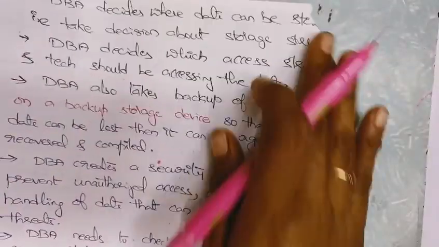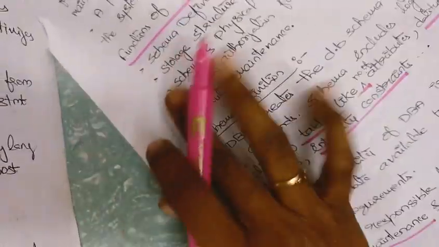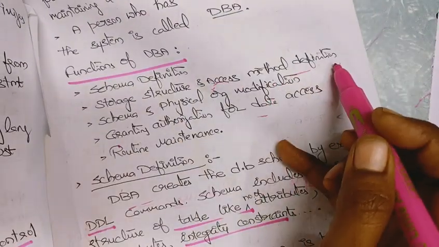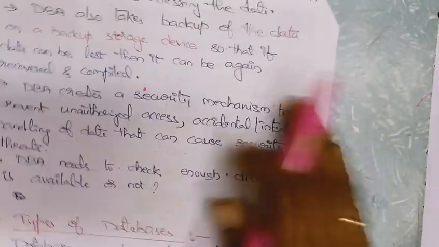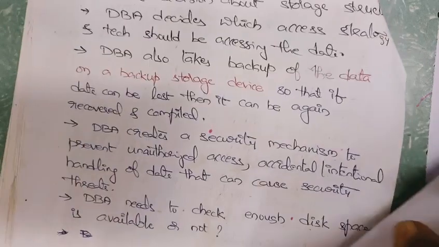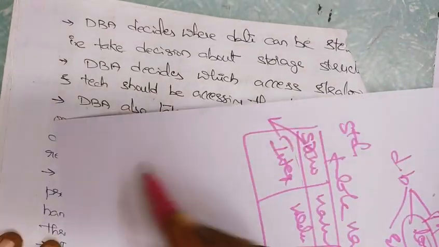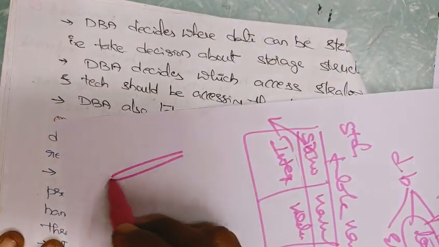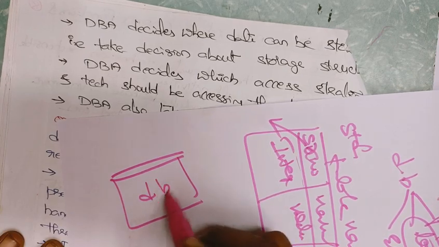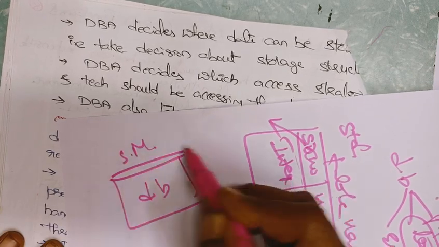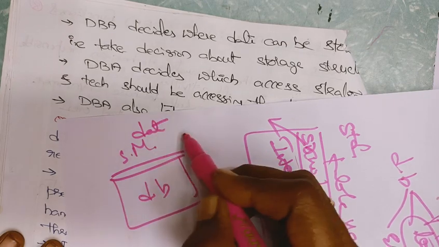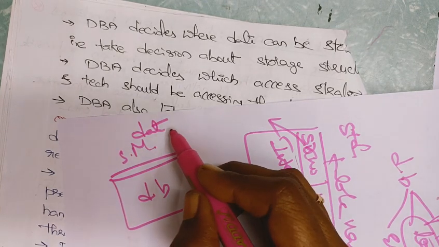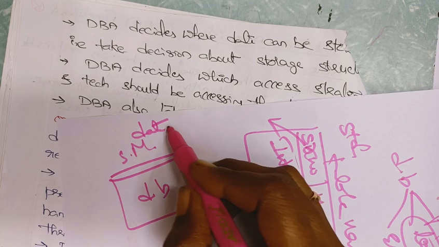Next, the database administrator's next function is storage structure and access method definition. Huge amounts of data will be stored in the database, and that huge amount of data is stored in the secondary memory.